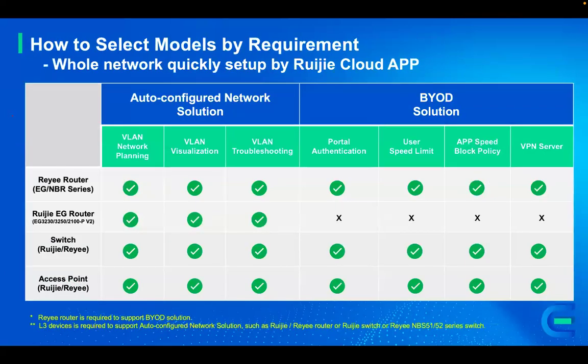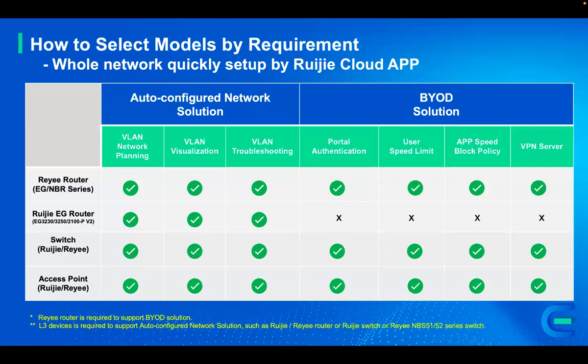So this is about which models support these things, like the Ruijie router. You can get VLAN network planning, VLAN visualization, VLAN troubleshooting. You can get portal authentication, user speed and app speed policy, block and allow. And you can also assign bandwidth there.